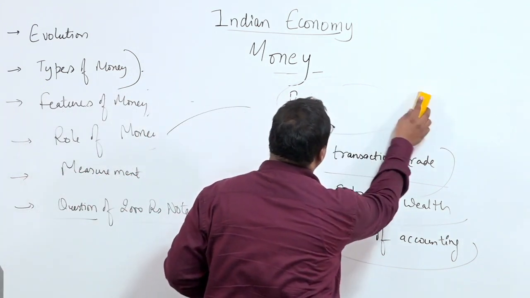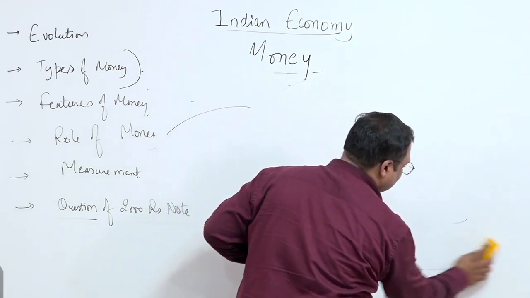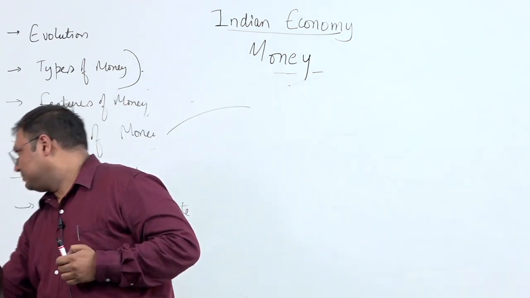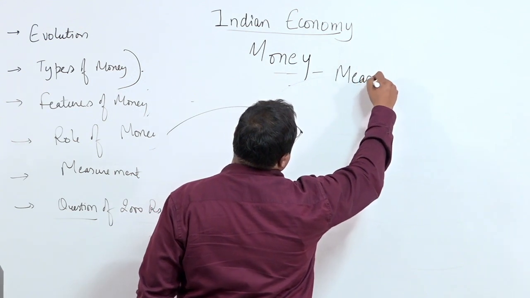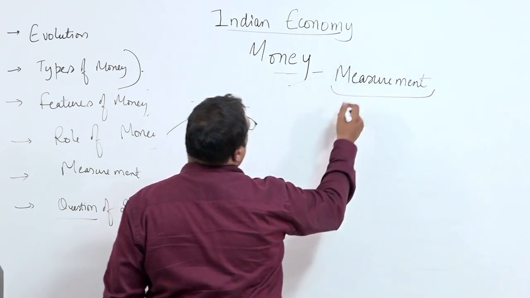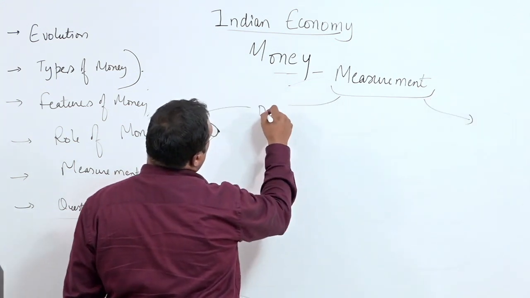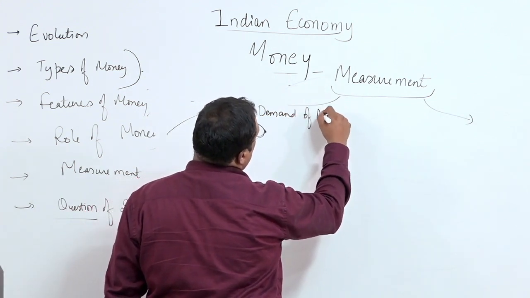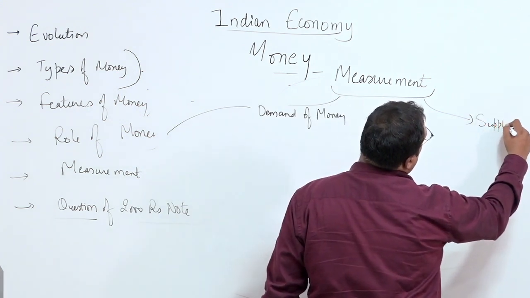Now let us go to the measurement part, which is a bit technical, but nonetheless interesting. When we measure money, we talk about two aspects: demand for money, which we generally do not focus on much, and supply of money.